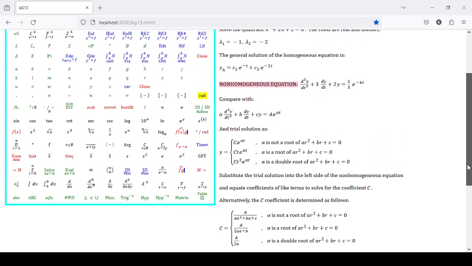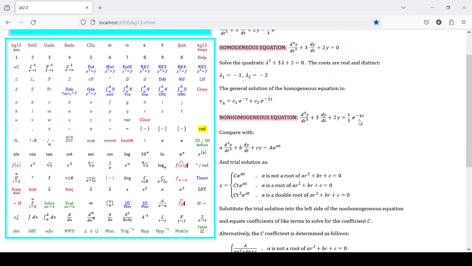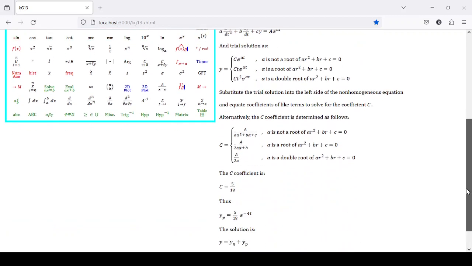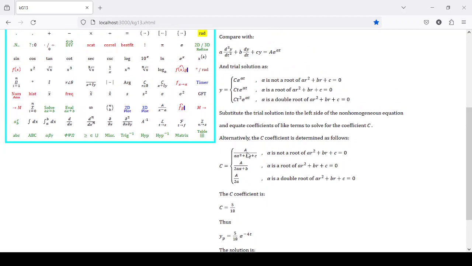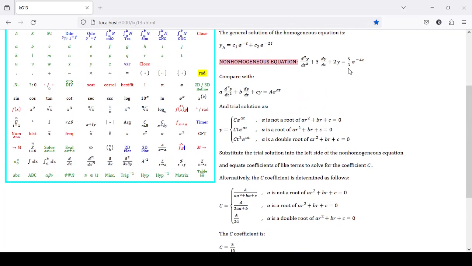Now, the alpha in our case here is minus 4, which is not equal to either of the roots, minus 1 and minus 2. So that means the first form for the solution applies. So we will have to substitute for capital A here, which is 5 over 3.